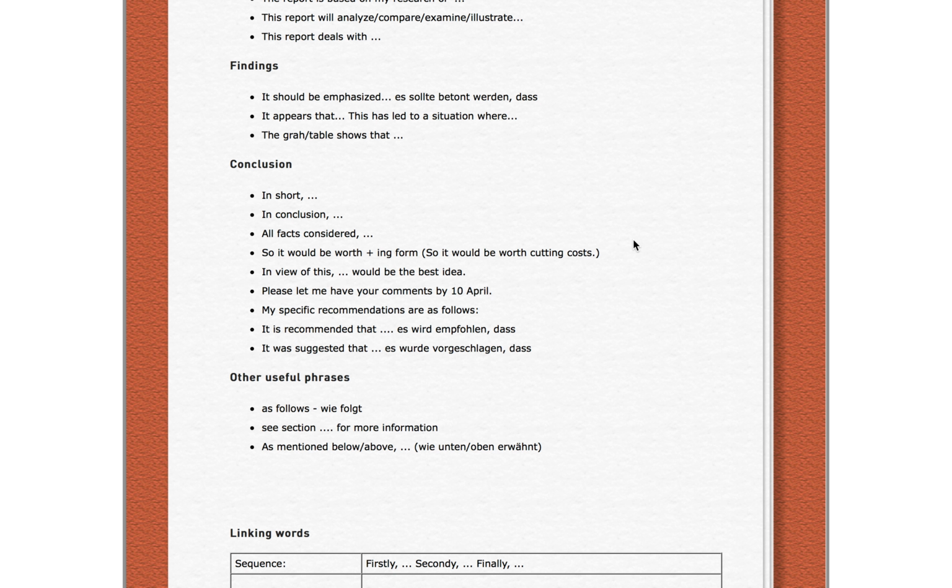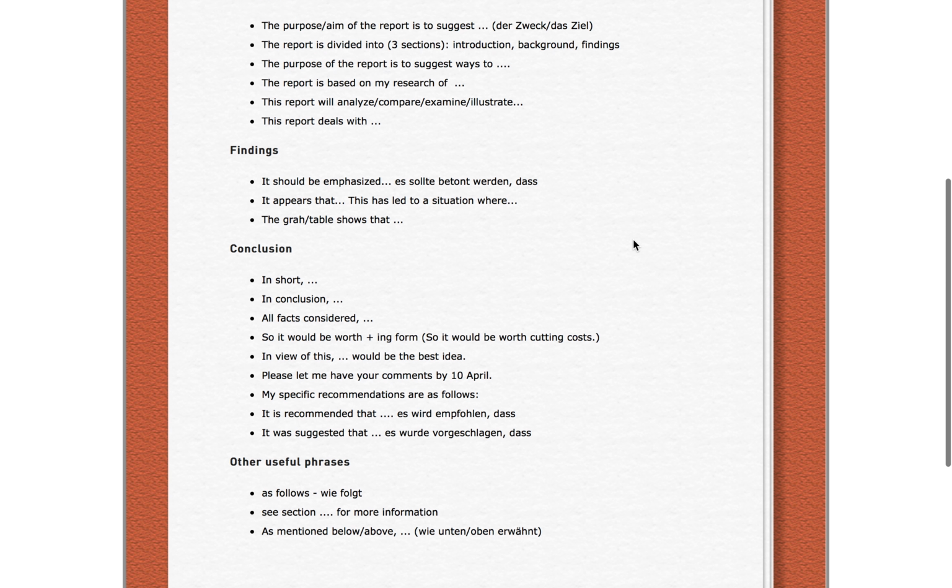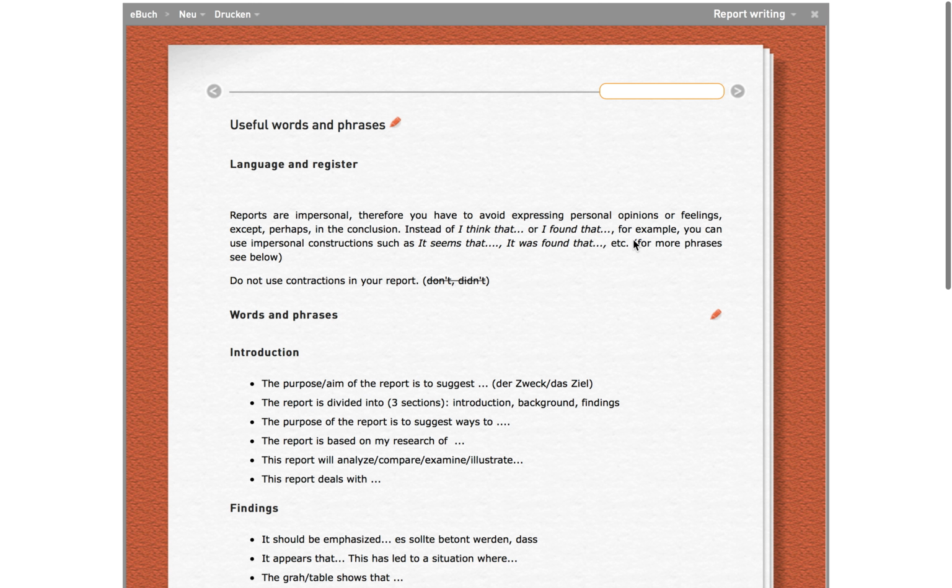You should be familiar with them, but please take another look at them and really try to implement them, to include them in your report. Okay, please take a closer look at this ebook before writing your own report and make sure you understand report writing, the structure, the layout, and try to use some of the phrases that are given here.